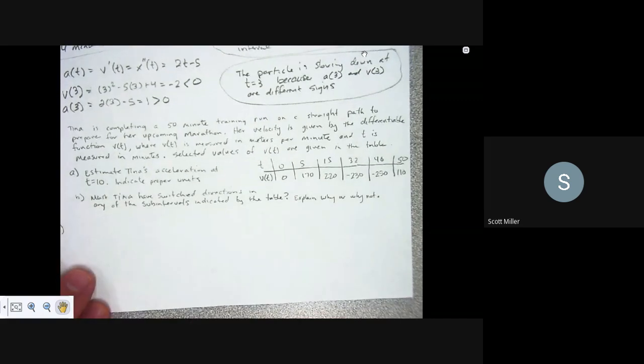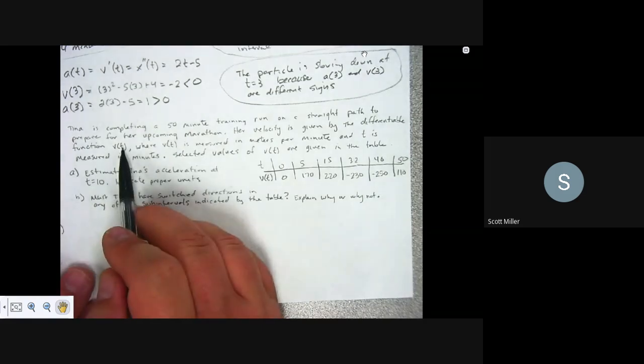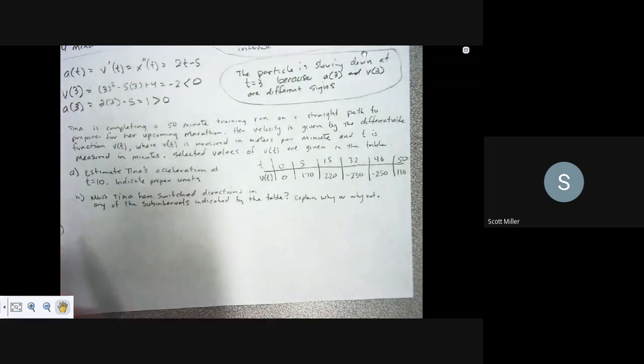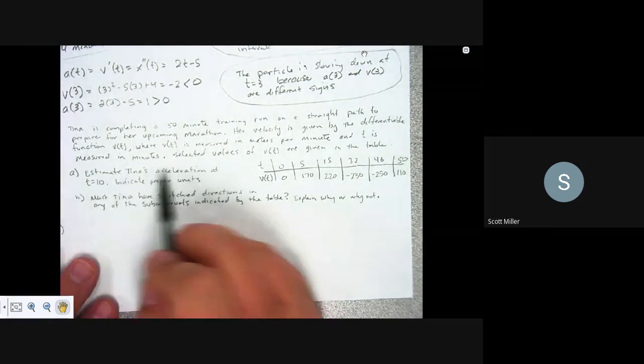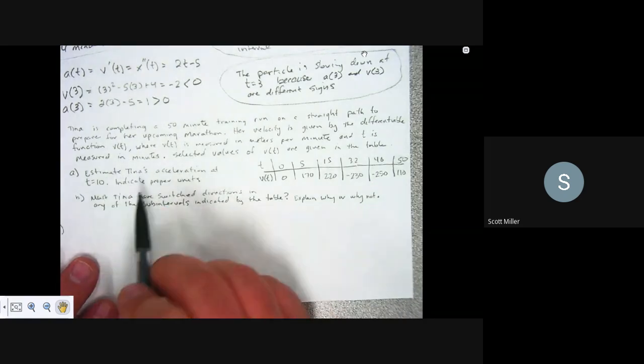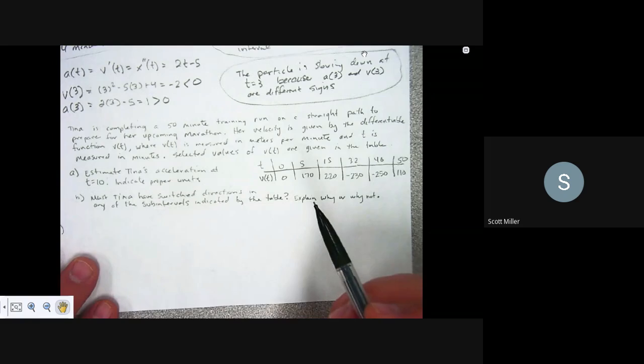Acceleration is the derivative of this velocity, but it says estimate. Well, it's estimated because I can't actually take the derivative of v of t, because I don't know v of t, which is why I can't find the acceleration at 10. But I can estimate it, because remember, the acceleration is the derivative of this, and an estimate for the derivative is the secant slope.